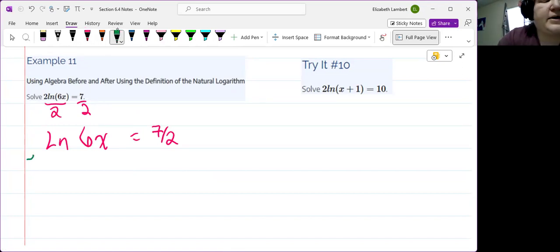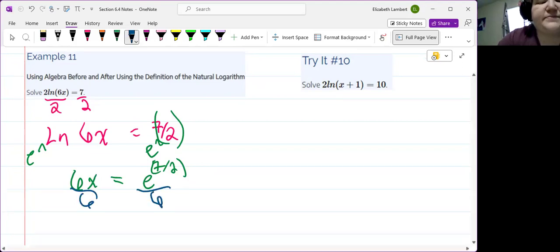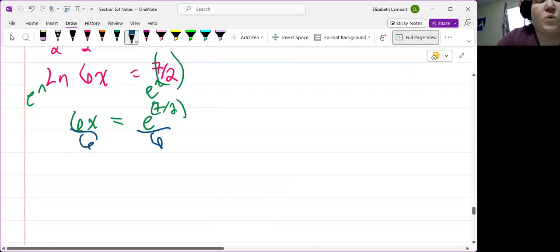Now we use e exponential as the inverse of the natural log. So this is now just 6x equals e to the 7/2. Then last step, we divide by 6. You can also write it as 1/6 times. Either one works.